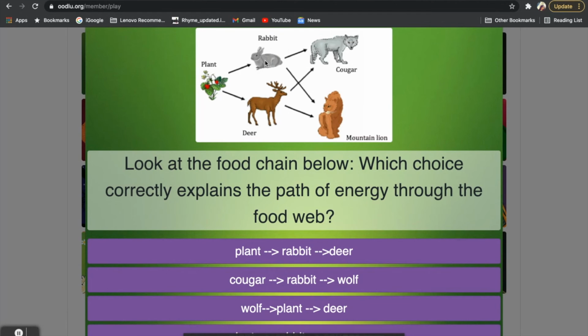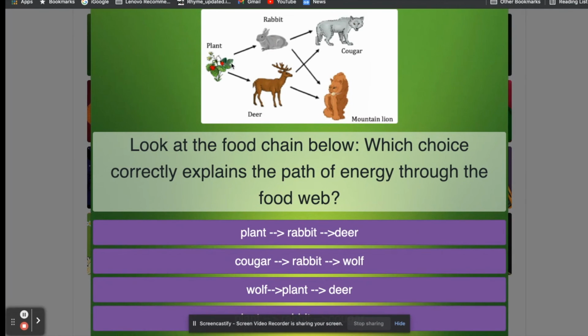Once the rabbit eats the plant, there are different carnivores that can also eat the rabbit. First, we have an arrow pointing to the cougar. And then we also have another arrow pointing to the mountain lion. So that is how the energy transfers from the plant, to the rabbit, into the cougar and mountain lion.